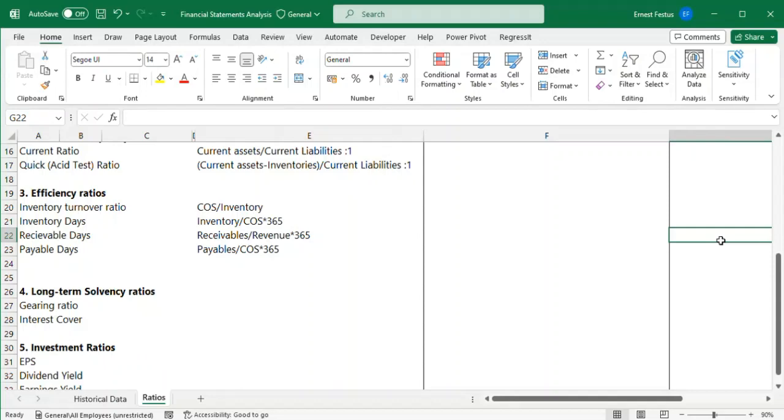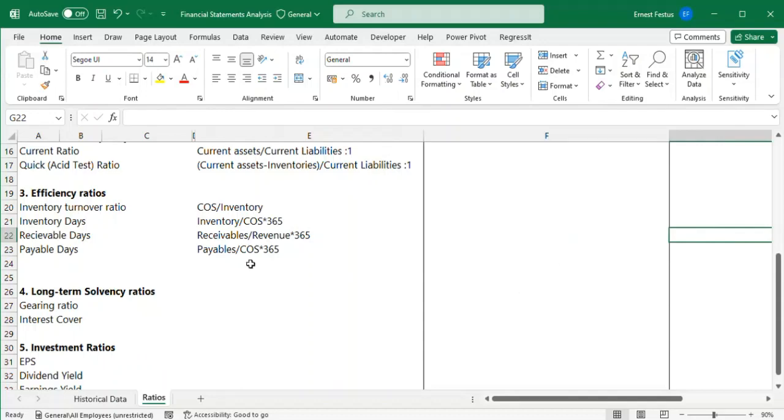So when you introduce settlement discounts, this can reduce your receivable days and shorten your receivables collection period.